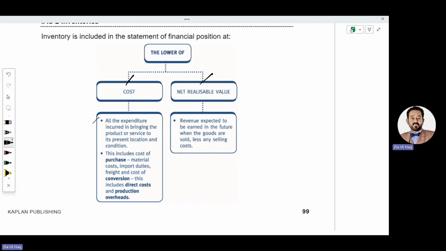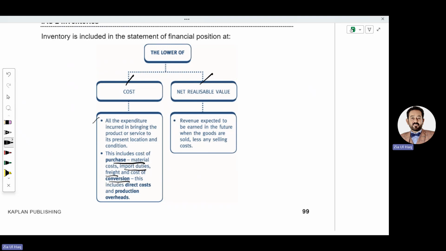So this includes the cost of purchase of material, and import duties, if you have bought the material from outside the country and paid import duties. Freight means any fare you have paid for the lorry or truck for transportation of raw material from supplier to your delivery cost.